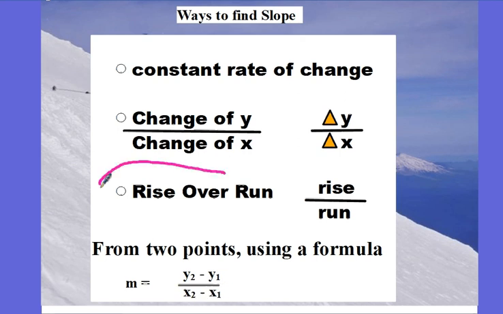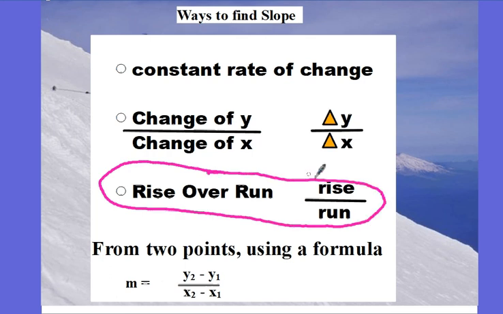Today, we are going to use this formula right here. And some of you may remember that from whenever we're trying to find slope on a graph. So anytime that you see slope and you see graph, you're going to think rise over run.